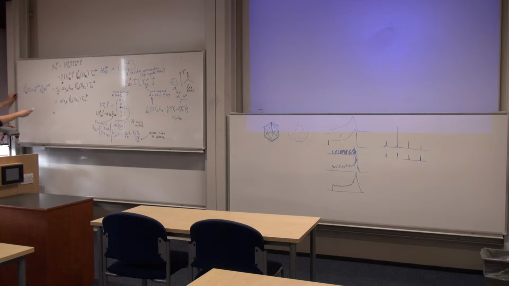So if m prime and m are both 0, then these two exponentials are both 1. So it's just the 0 element for beta. So all of that goes in here.